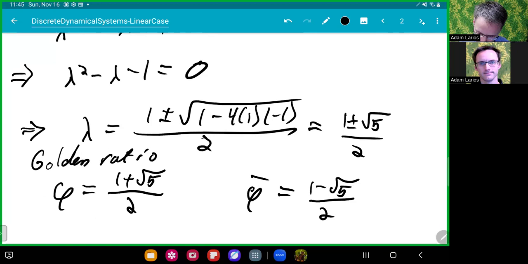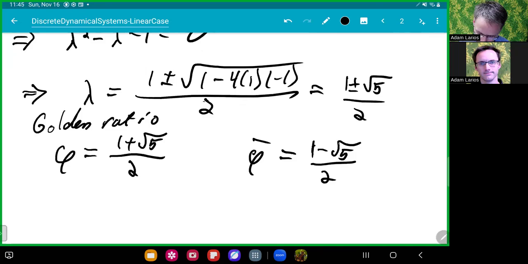The bar here denotes a conjugate, but normally when we think about a conjugate, we think about maybe a complex conjugate. Here, this is a conjugate with respect to the square root of 5. Complex conjugate being conjugate with respect to the square root of minus 1. If you don't like thinking about it that way, that's okay. Just phi bar is a notation for this other root.